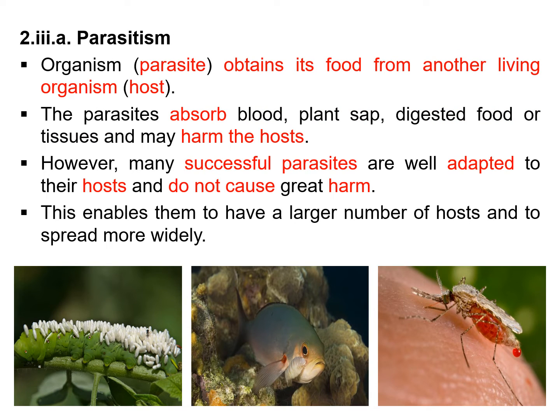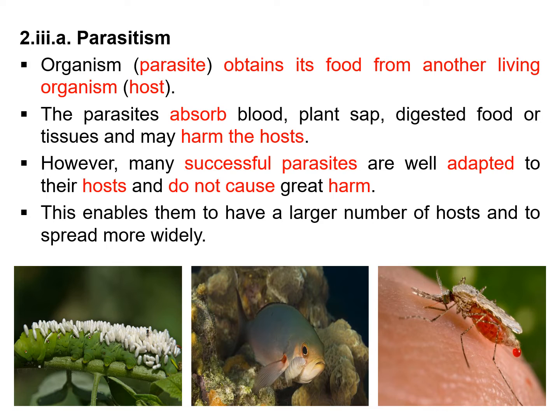In parasitism, the organism, which we call a parasite, normally obtains its food from another living organism, which we call the host. The parasite will normally absorb the blood, the plant sap, the digested food, or even the tissue, and they may harm the host.